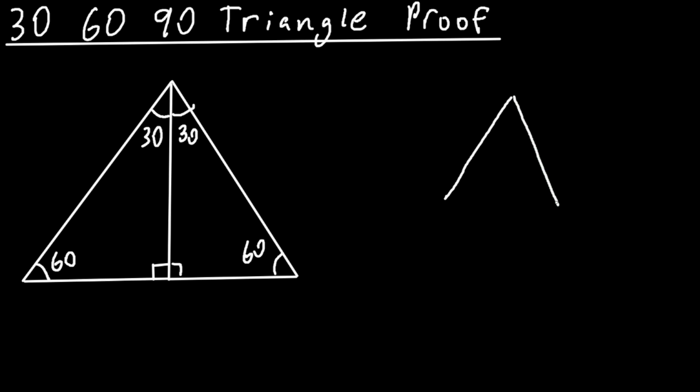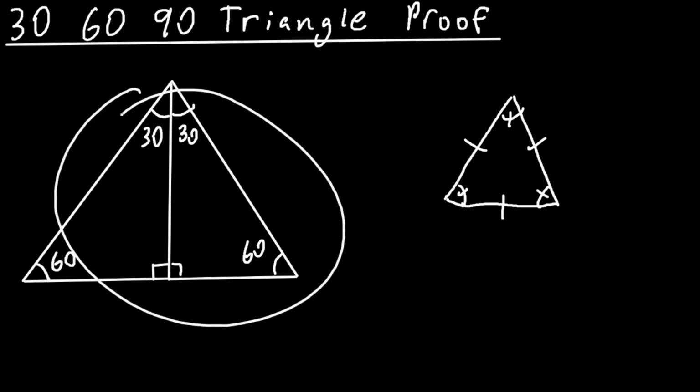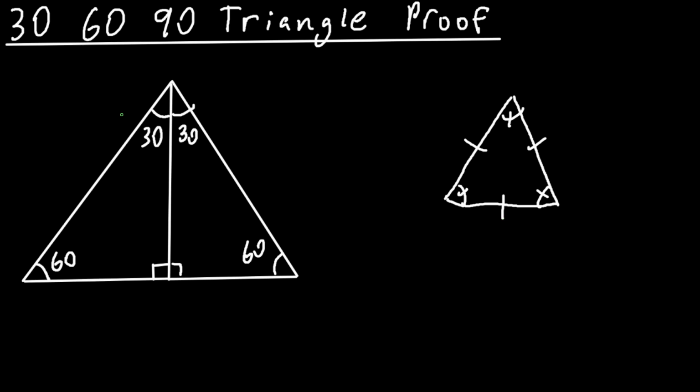What we know about equilateral triangles is that the angles are all going to be the same, and that also means the side lengths are all going to be the same. Since we know all three of these angles are the same, this is going to be an equilateral triangle.